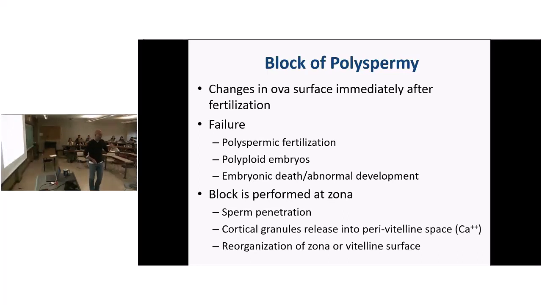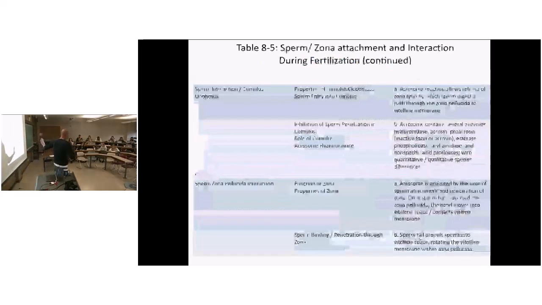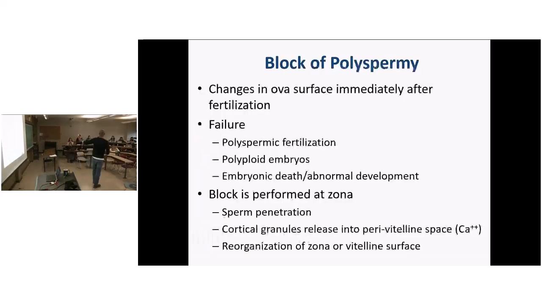On the oocyte side, I think we stopped at the block of polyspermia, which we actually already discussed before. This is probably one of the classes that has the most little tables in the slides.